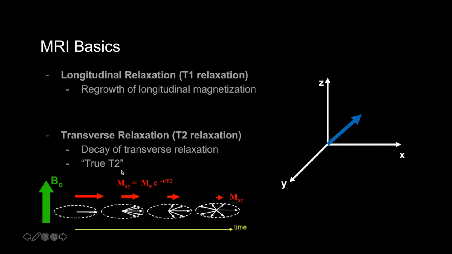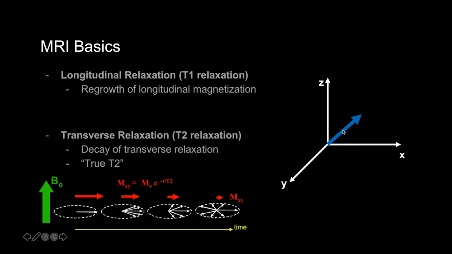true T2 effect. A key point that might not be immediately apparent is that anything that causes T1 relaxation, as we showed here, and moves the magnetization towards the z-axis, is always going to result in a concomitant loss of transverse magnetization. If all of the magnetization was in the z-axis, then the transverse component is going to be 0.